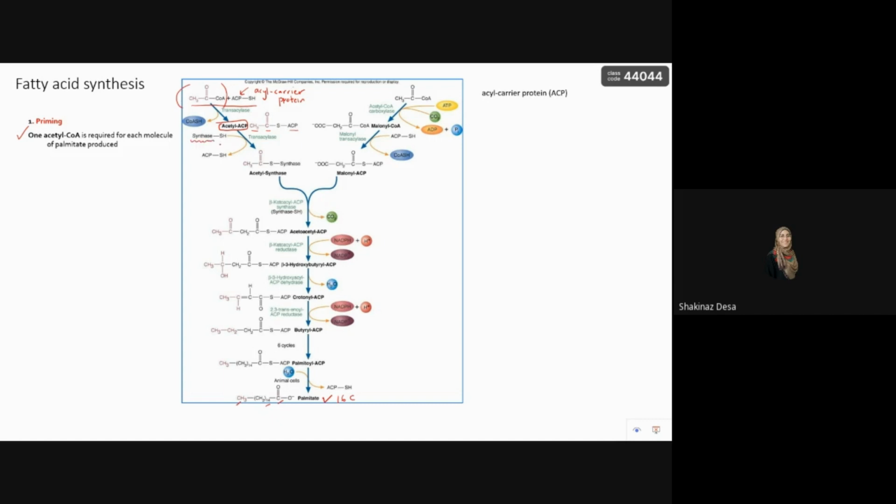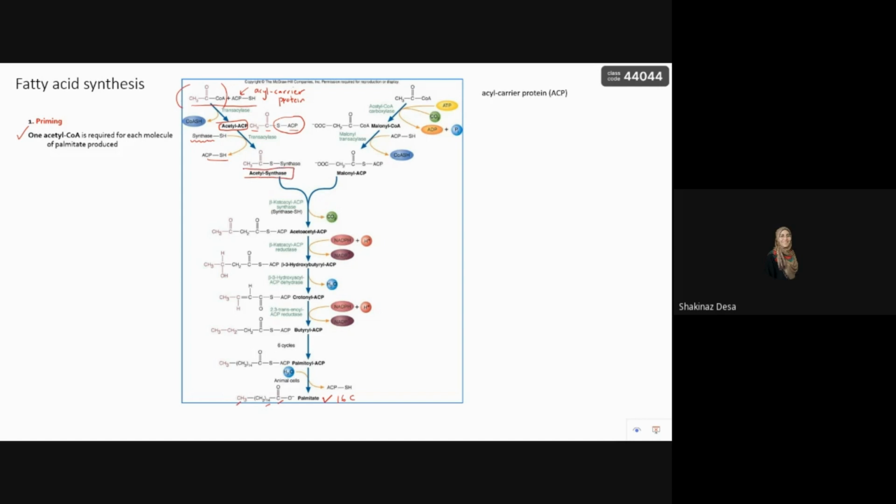So this is where this carrier protein akan keluar. Dia akan detach from the acetyl ACP. Dia macam tukar lah. Carrier protein ni akan keluar, and then synthase will come in. Synthase ni lah enzyme.